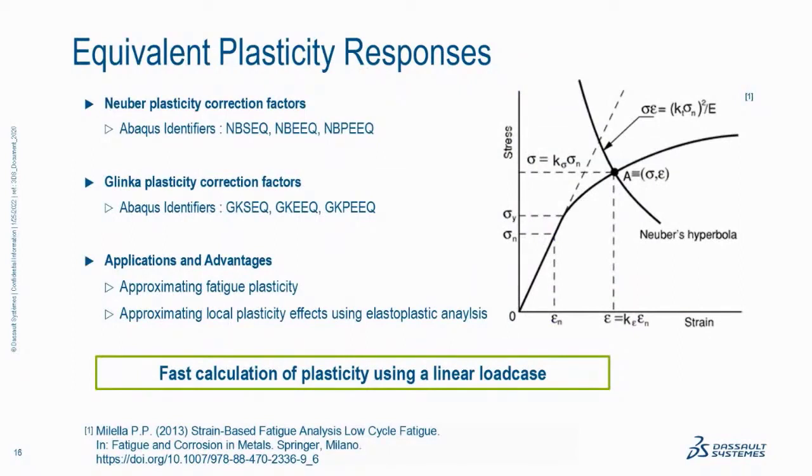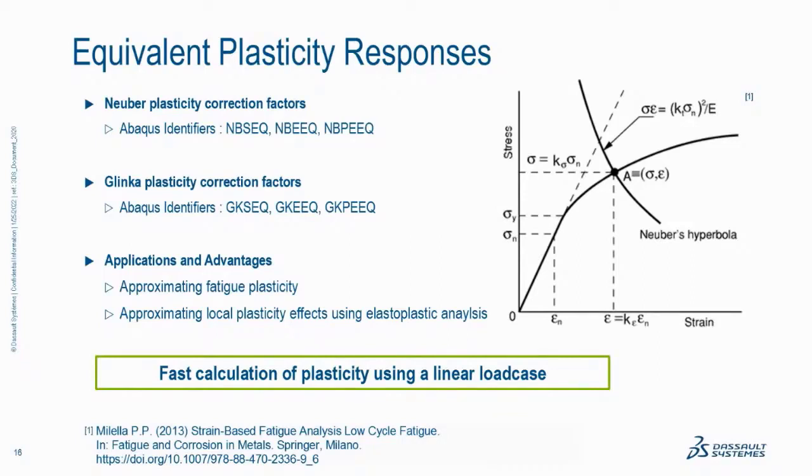Next up is the equivalent plasticity responses. So the idea here is that it's really costly to calculate plasticity with a full nonlinear calculation, especially for larger models. So what we do here is use a linear load case, and then we try to interpolate to the true value of plasticity using the Neuber hypothesis or the Glinka hypothesis.